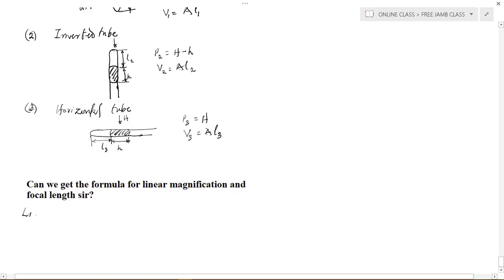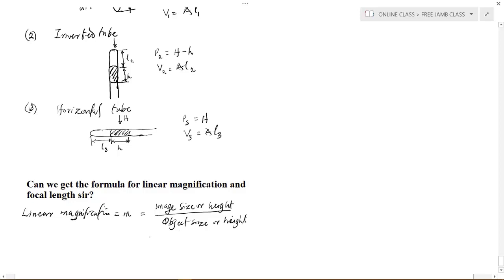Linear magnification. For mirror, we use M really for everything. So it's always image size or height over object size or height.